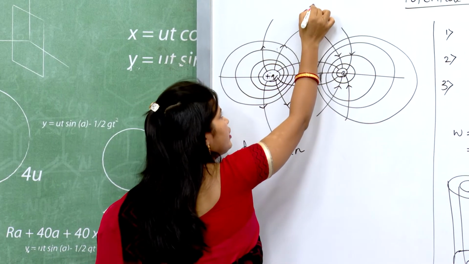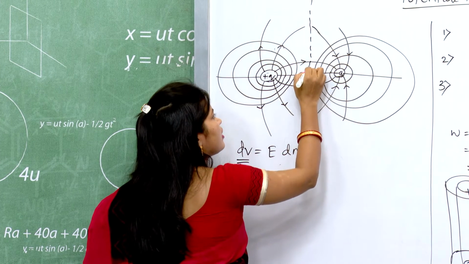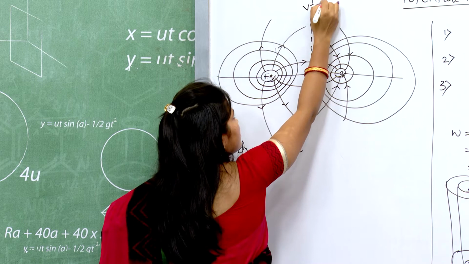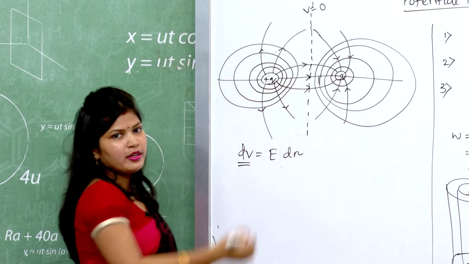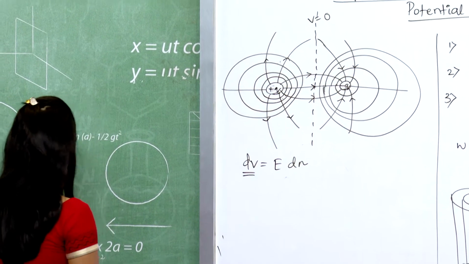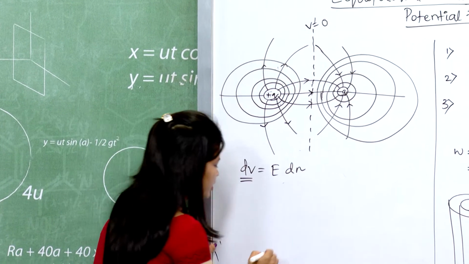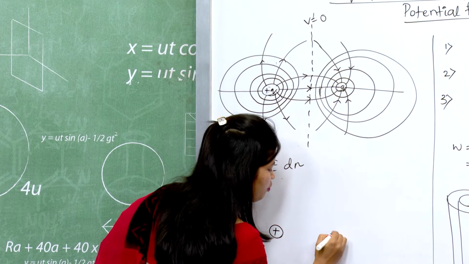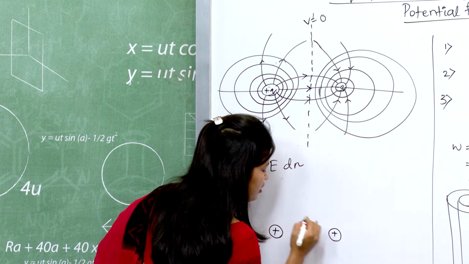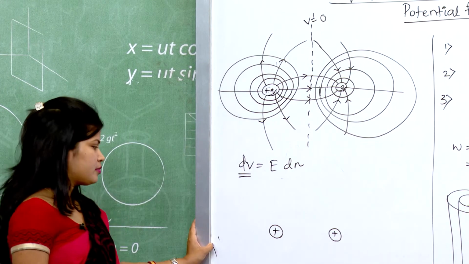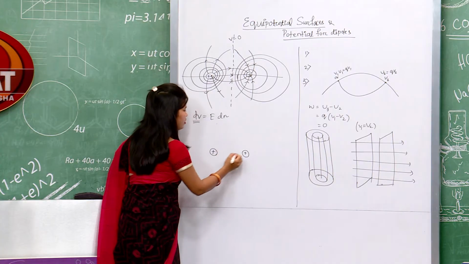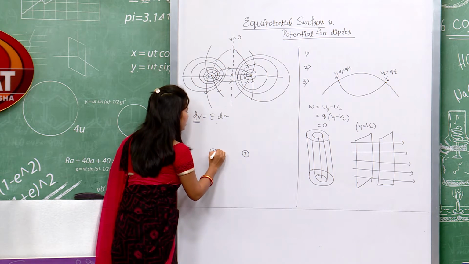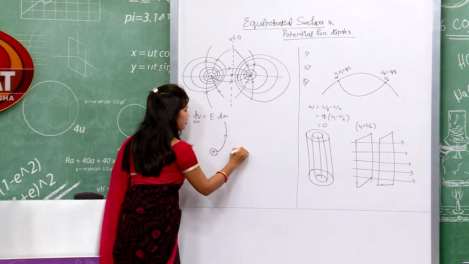And at the equatorial line, potential is 0. I will find that later. Now, we will discuss what the shapes of equipotentials are for two equal positive charges, and for them the electric field lines are like this.